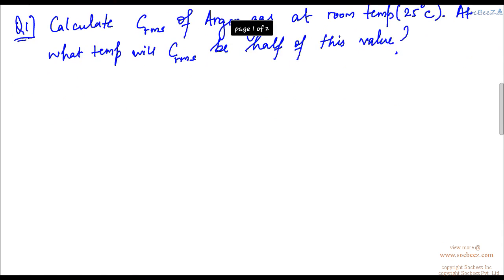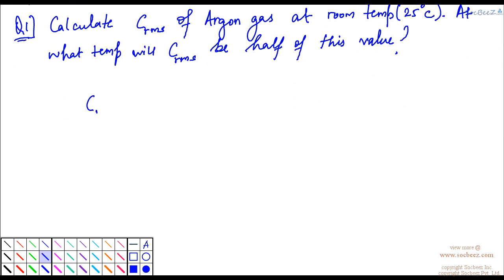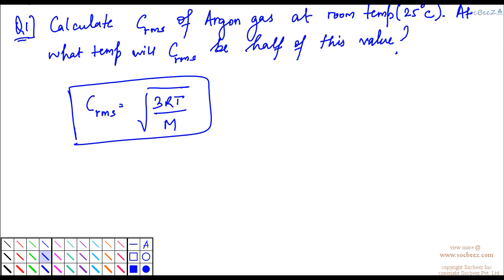Okay, so we know that CRMS is nothing but root 3RT by M naught. The important thing over here is this is the molecular mass, or we can say the molar mass in kgs.